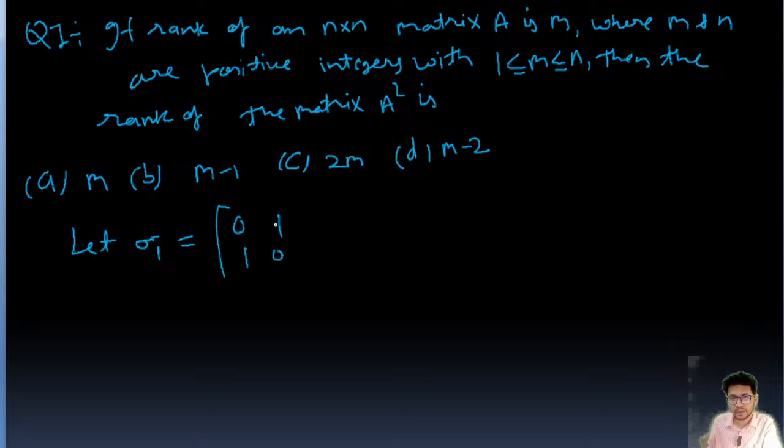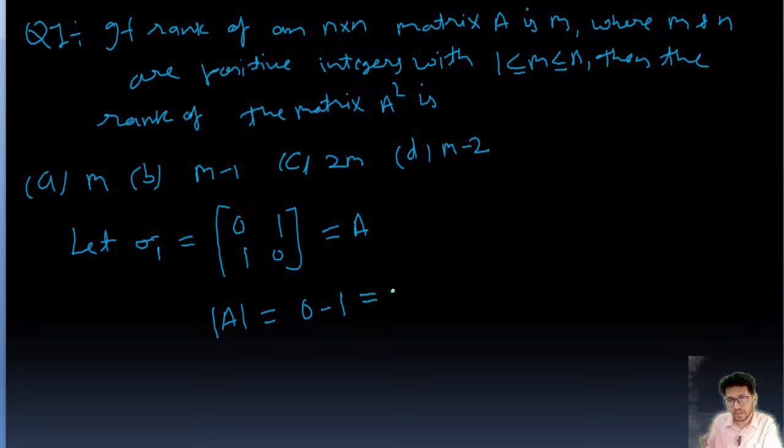Let's suppose sigma 1 is matrix A. For that we'll find the determinant, and the determinant is 0 minus 1, which is equal to minus 1, that implies not equal to 0.